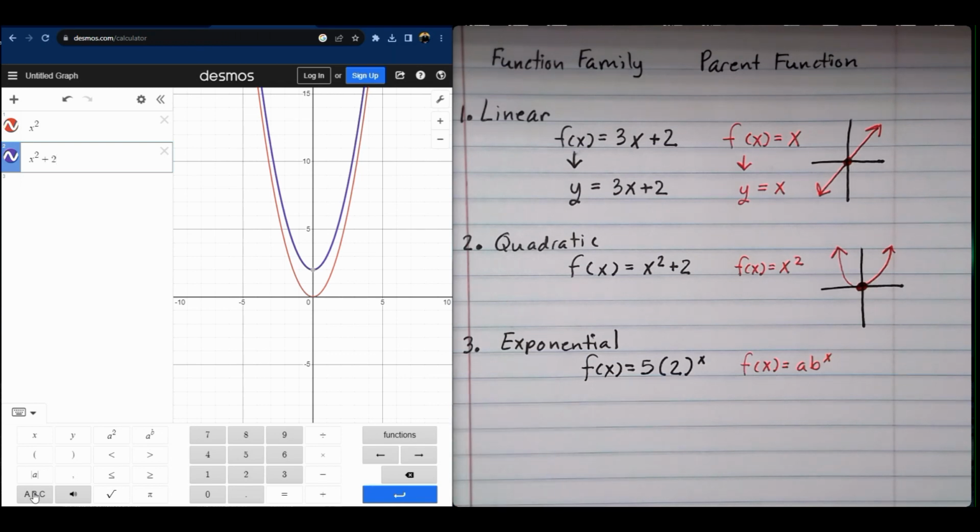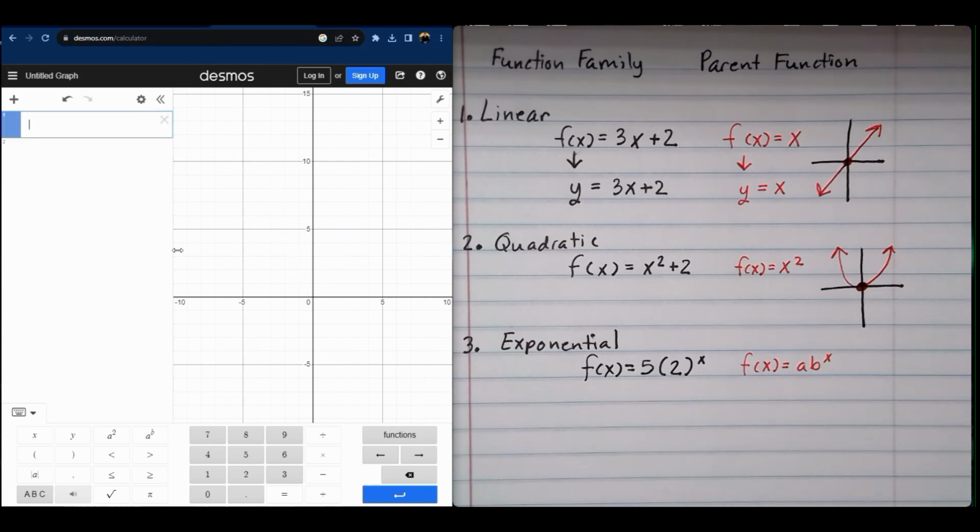So let's go ahead and we'll look at a real basic one and then we'll compare it to something like this that's been modified quite a bit. So if I go over here and type in 5, actually, let me change that real quick. Let's put y equals 5. We'll put a parenthesis. We have a b value, which is a growth factor of 2.